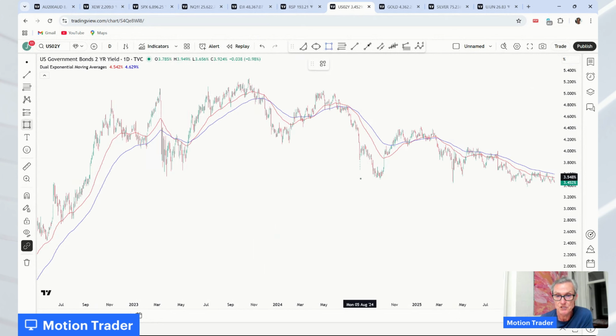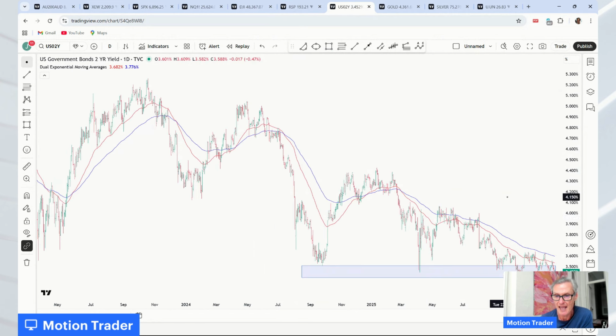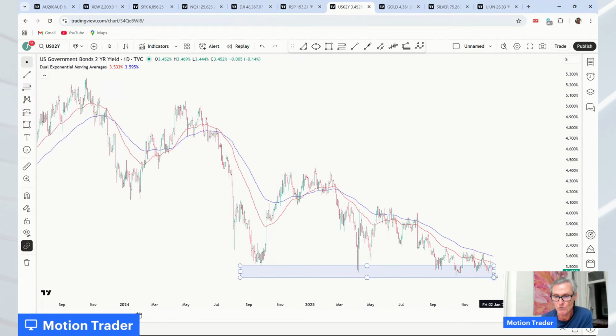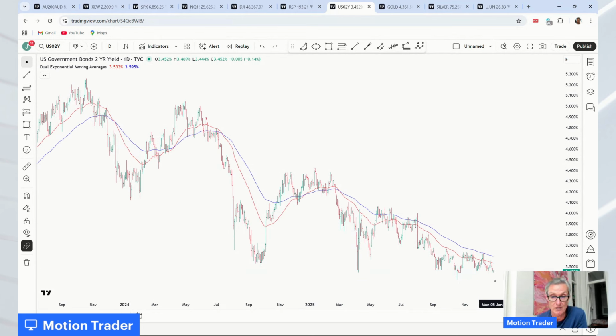When I look at this chart, you could say there's support that comes in around that 3.5% mark. And just looking at this chart, it looked to be on the verge of breaking lower. There could be a significant breakdown in yields, so lower interest rates in the US.